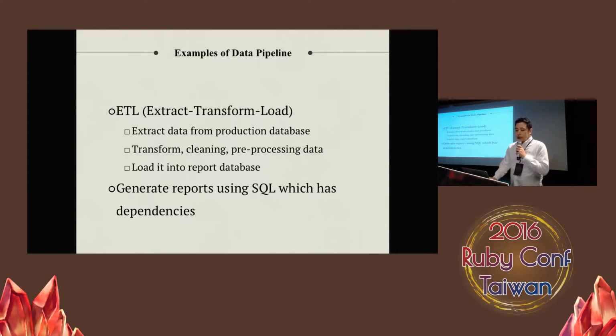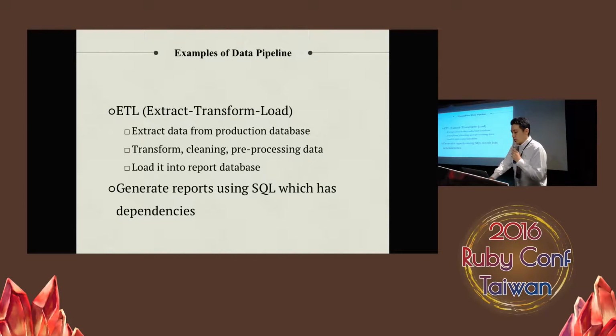Or another example, generating a report using SQL which has dependencies. For example, we have the access log and summarize the access count per user by SQL and save it into the summarized table. And then join the summarized table with the user master table. And finally we can get the report, the access report per user. This is SQL with dependencies.